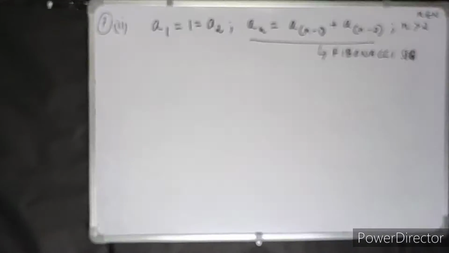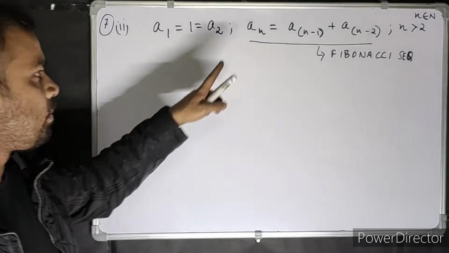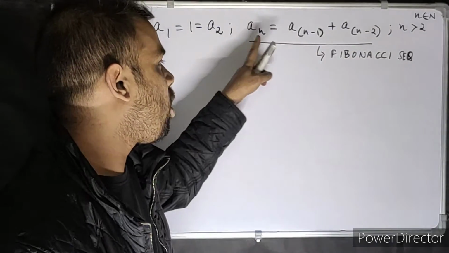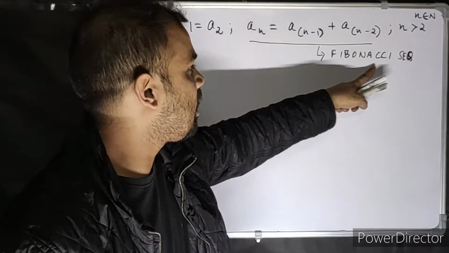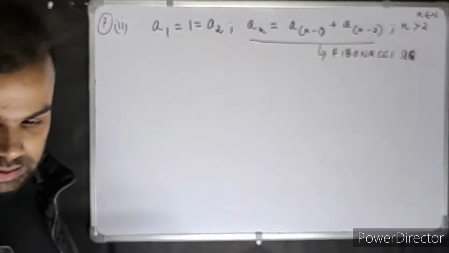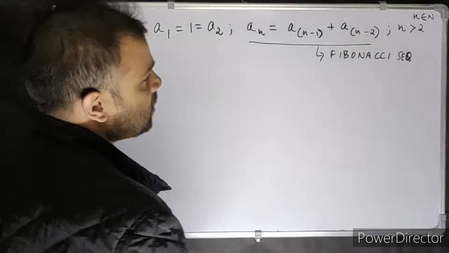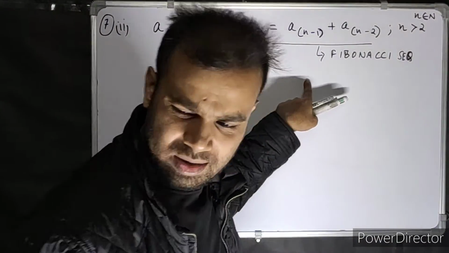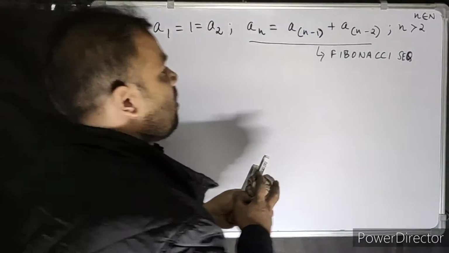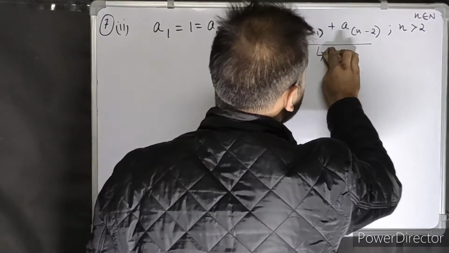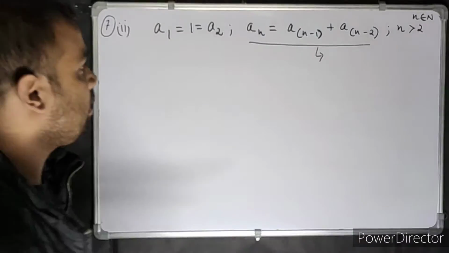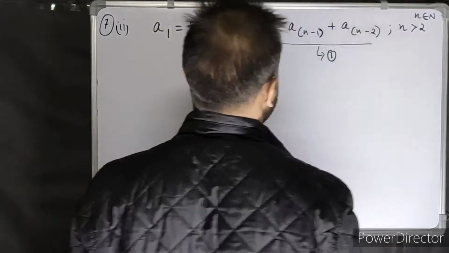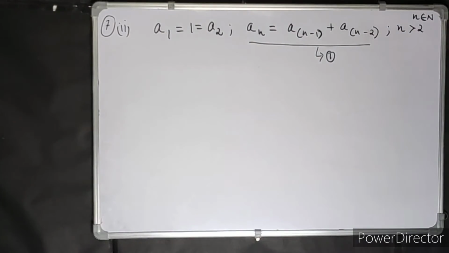This formula is named after the person who worked it out. You will learn more in higher classes, if you are doing mathematics honors, and it is a very nice sequence. So this is your equation number 1. Let's start.